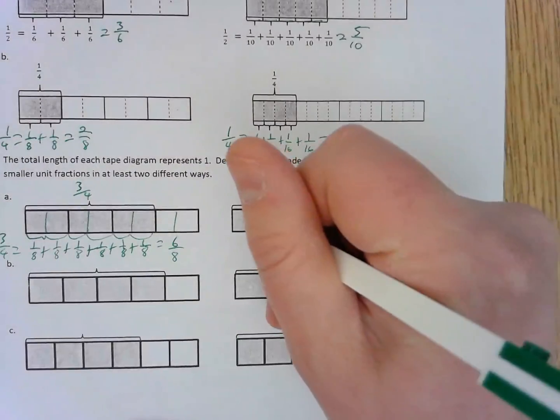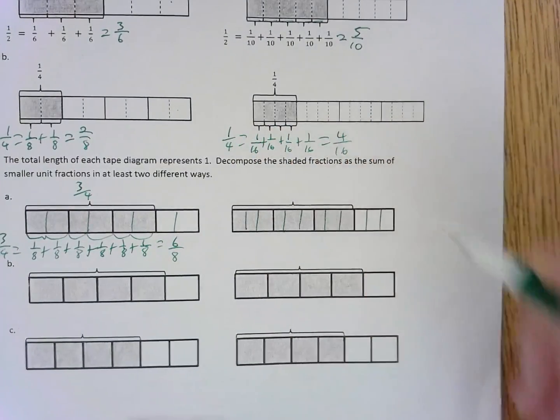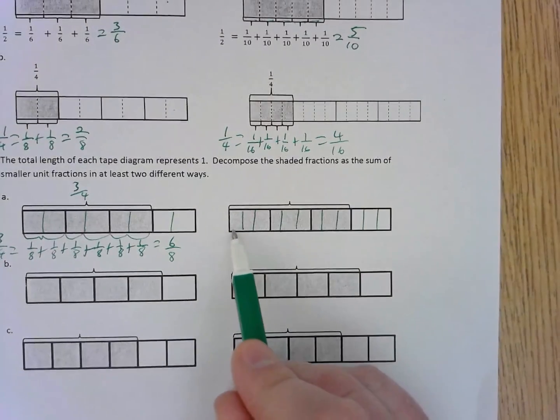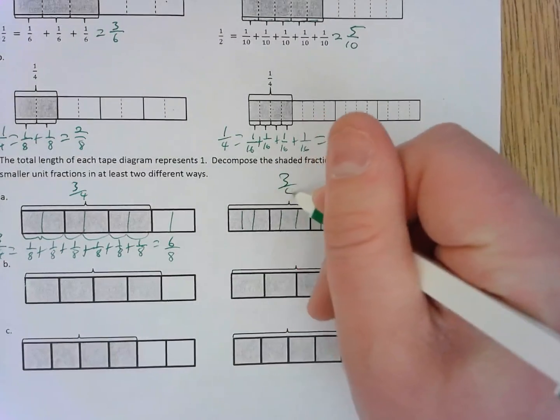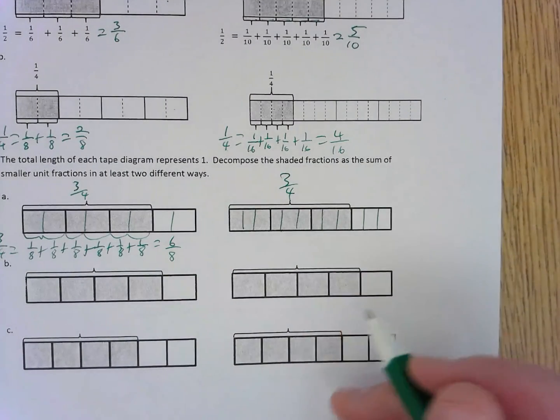Over here, I'm going to do it up into thirds. So each section is going to break up into 3 parts. So now we have, again, we need to identify that as 3/4. So now we have 3, 6, 9, 12.